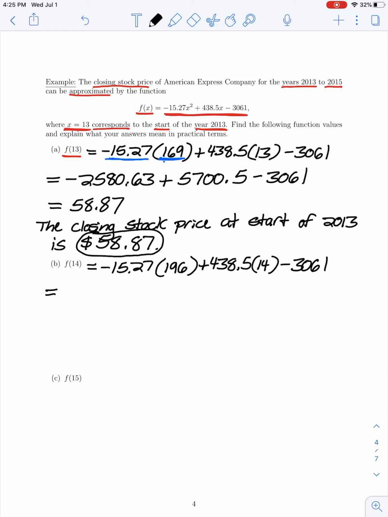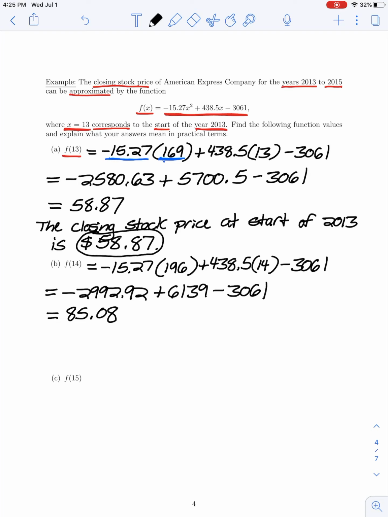So making use of a calculator to simplify our computations, we have negative 2,992.92 plus 6,139 minus our 3,061. So this simplifies to 85.08.